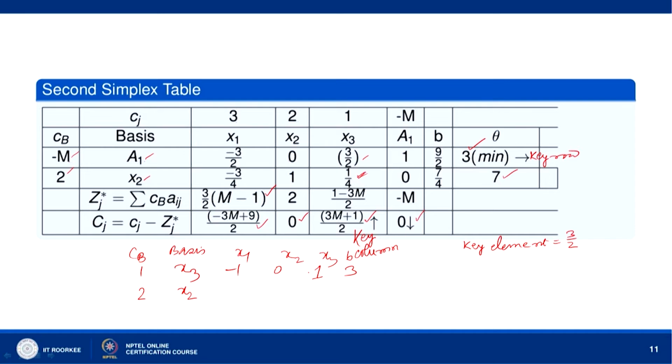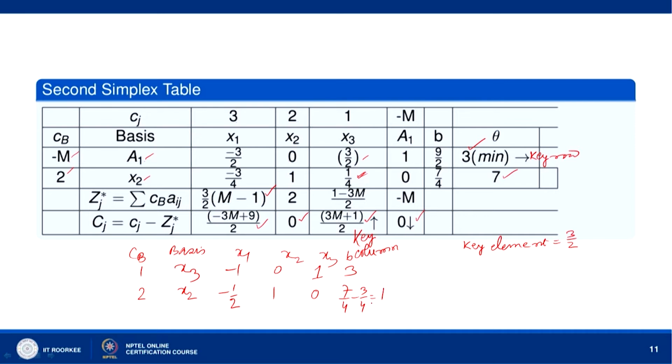So, we multiply the key row by 1 by 4 and subtract from the second row. So, this becomes 0. Minus 3 by 4 and plus 1 by 4, so minus 2 by 4, we get minus half. Then we multiply by 1 by 4 and subtract from here, so this remains 1, okay. We multiply 3 by 1 by 4, so we get 3 by 4, and we subtract 3 by 4 from 7 by 4 and we get 1, okay.